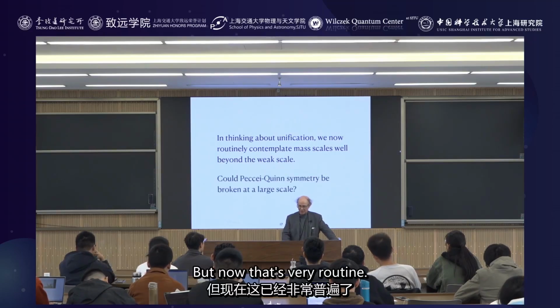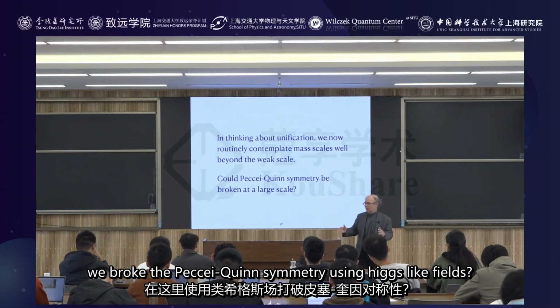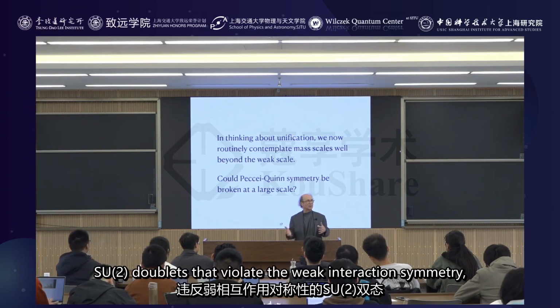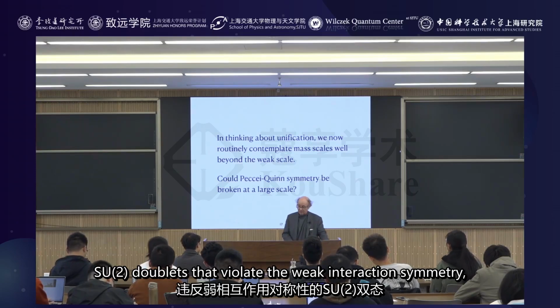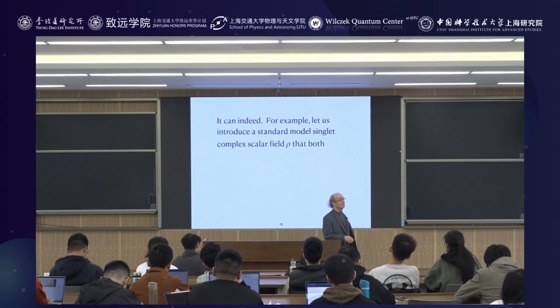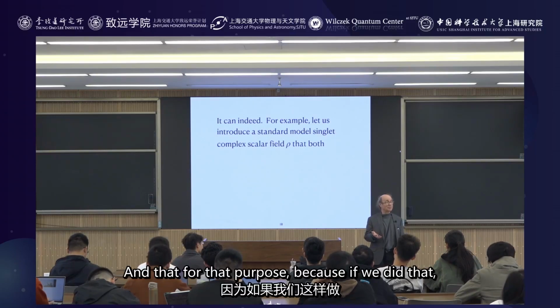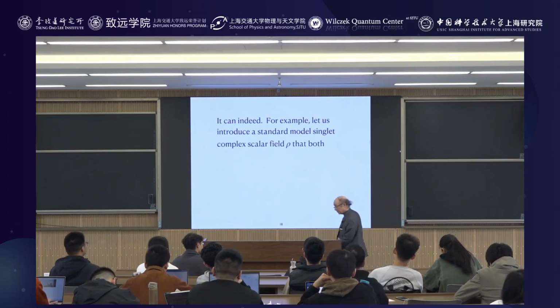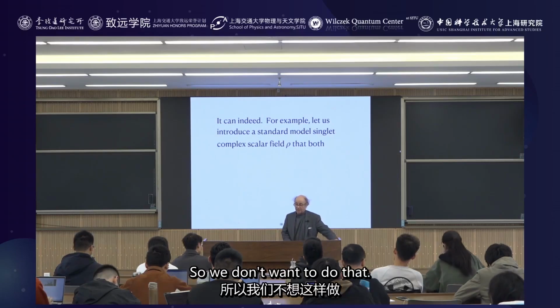But now that's very routine. And we could ask, is it possible? Here we broke the Peccei-Quinn symmetry using Higgs-like fields, so SU(2) doublets that violate the weak interaction symmetry, but could it be broken instead at a much larger scale? We don't want Higgs doublets for that purpose, because if we did that, we would give the W bosons enormous mass, as well as the quarks, so we don't want to do that.